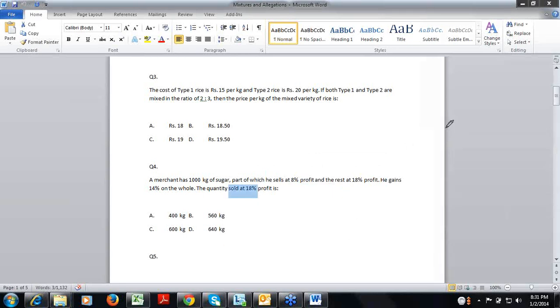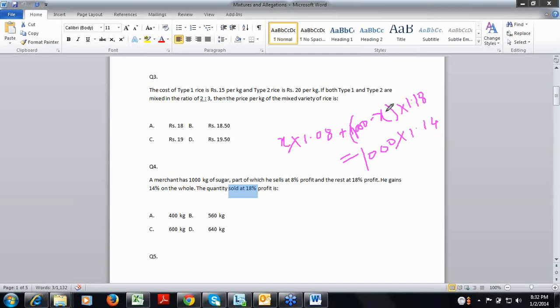Now we can actually solve the question. So 1000 kg: x he sold at 8%, so profit is 1.08, plus the rest he sold at 18%, so into 1.18, which is equal to, assuming the cost of sugar is 1 rupee per kg, 1000 into 1.14.